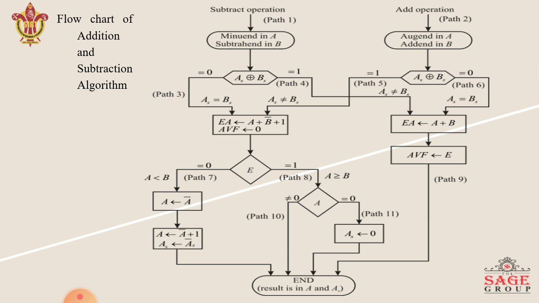It is just to check the value. Now in the second side, if the operation is A plus B and the answer goes in EA, here AVF goes to E. It just simply means that E is counted in the overflow and the algorithm simply ends.